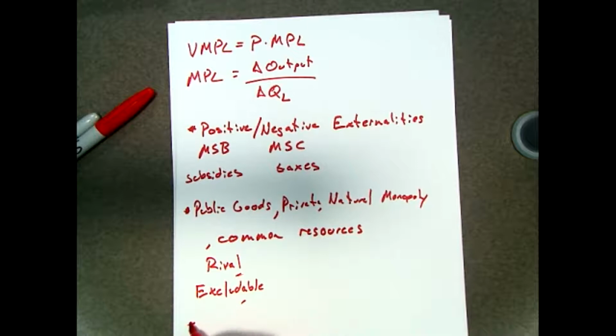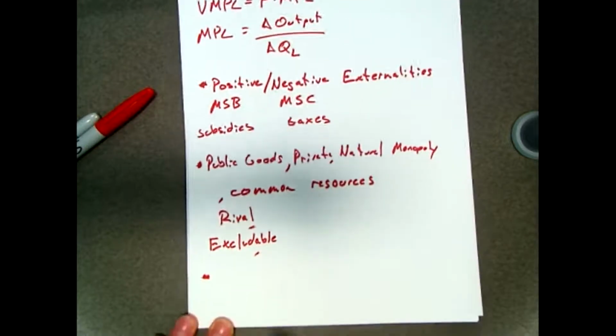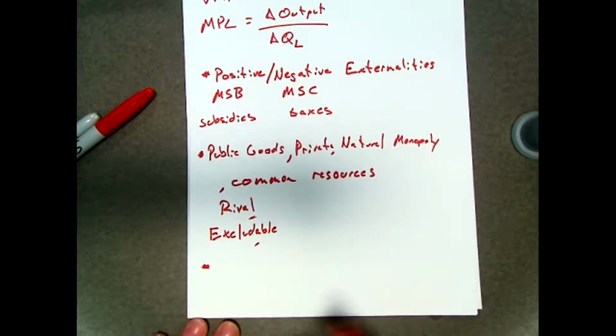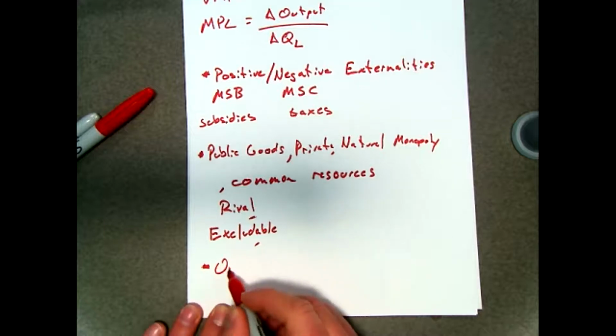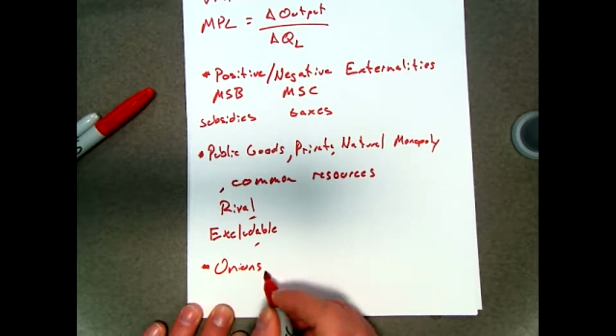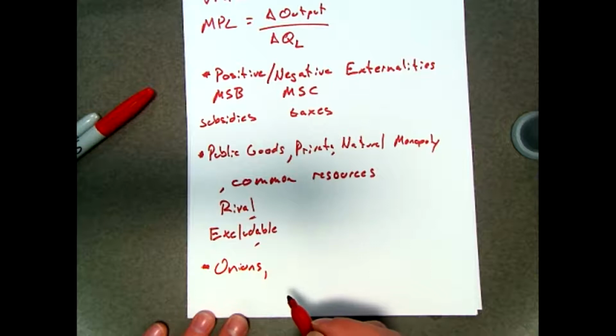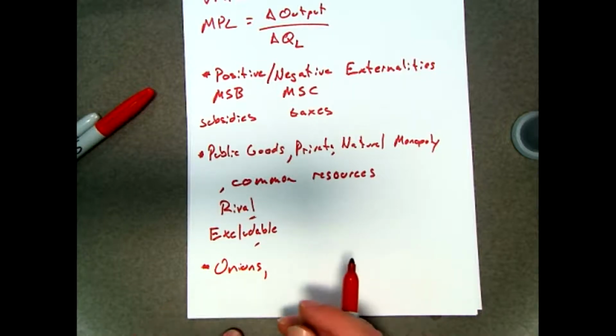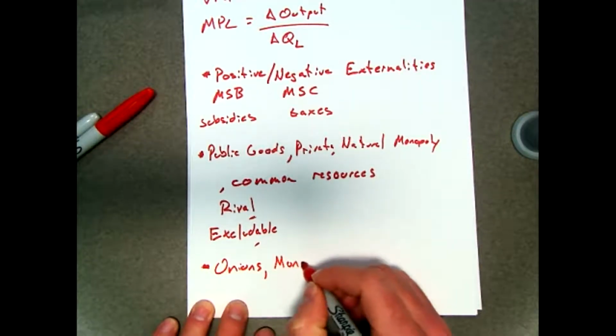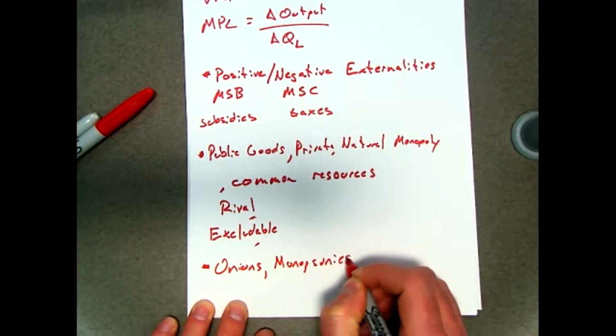From there, we started hitting the labor market, right? A couple things to know in the labor market that might not show up in practice problems. Know how to think about unions and how those can change the market. We talked about monopsonies.